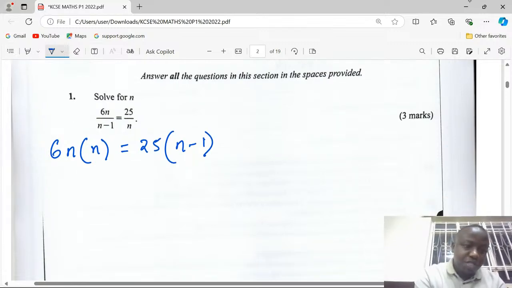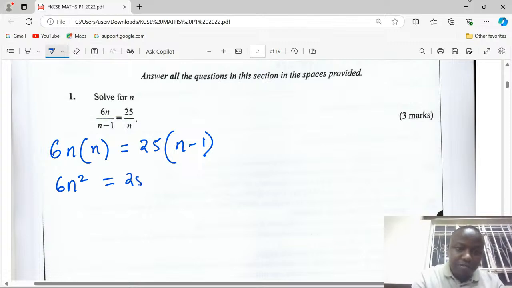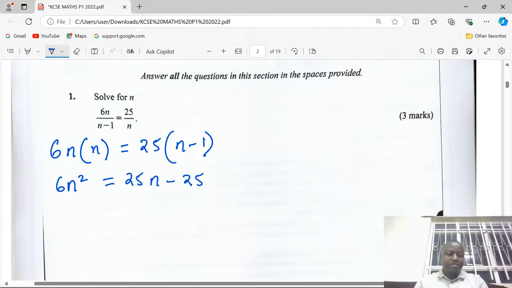Then at this point we can open brackets to have n squared, and on the other side it will be 25n minus 25. That is after multiplying by 25.